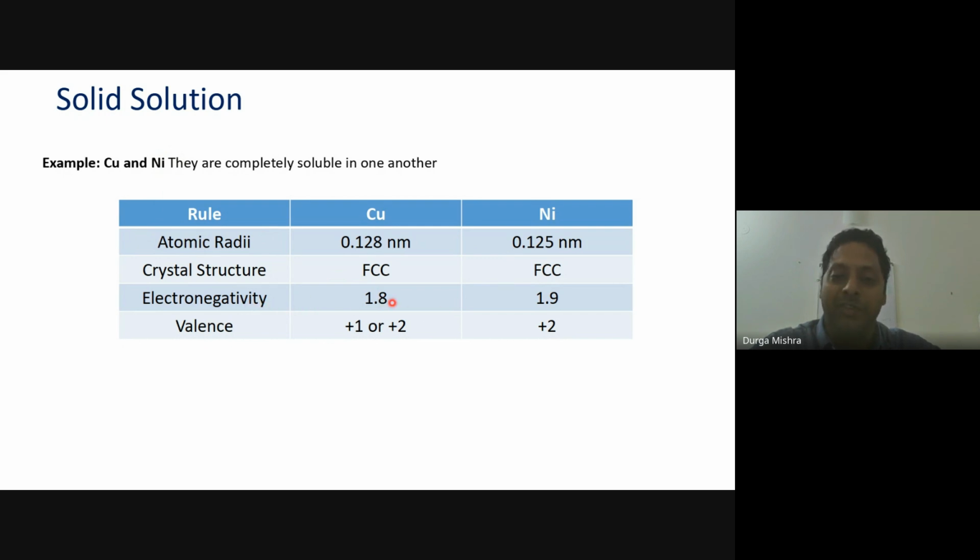Electronegativity, very similar, 1.8, 1.9. The valence, normally copper has plus 1, sometimes it can have plus 2, but mostly it is plus 1. And nickel has a plus 2 valency. So nickel can easily substitute copper. They form a really good solid solution.